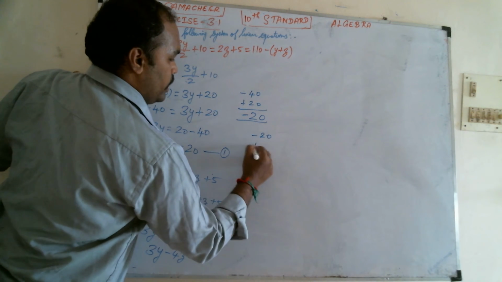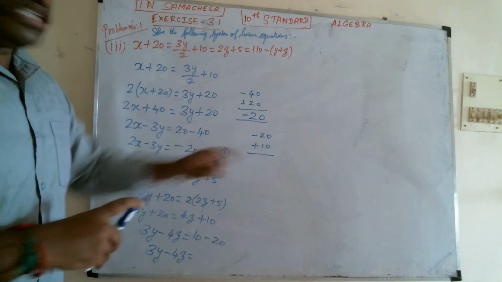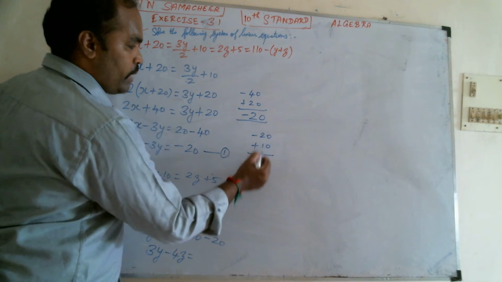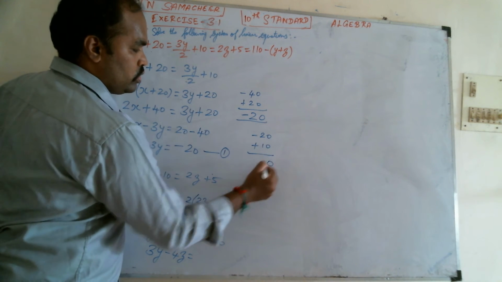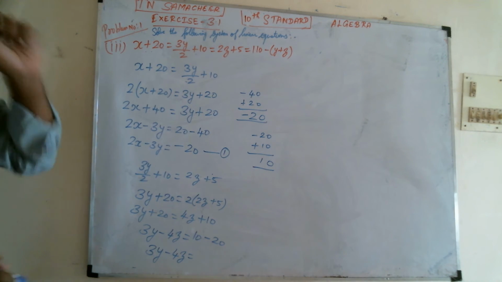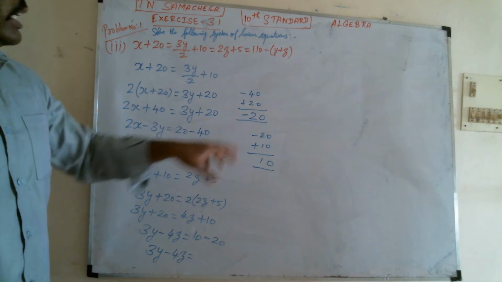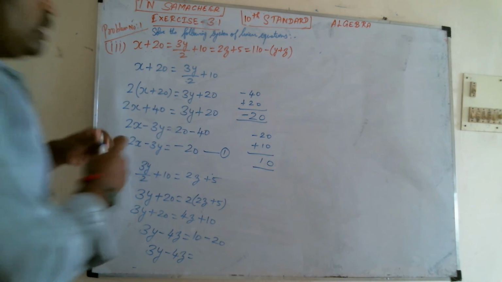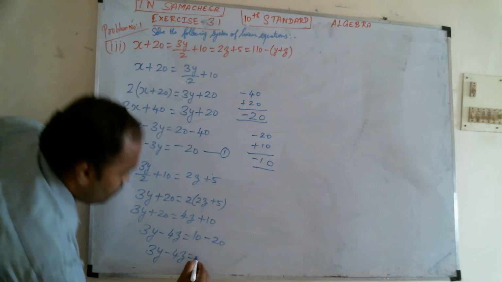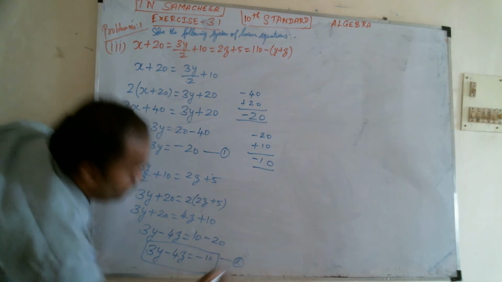Minus 20 plus 10. Plus into minus is minus, so we need to subtract the values. 0 minus 0, 2 minus 1, 1. So which sign does the highest digit have? The highest digit sign is minus, because 20 is the highest value. So minus 10. This is the second equation.